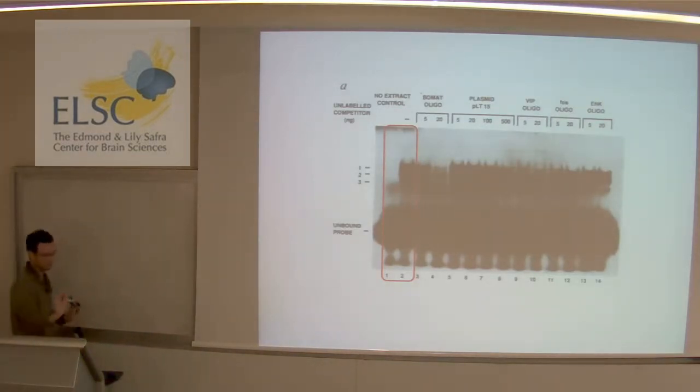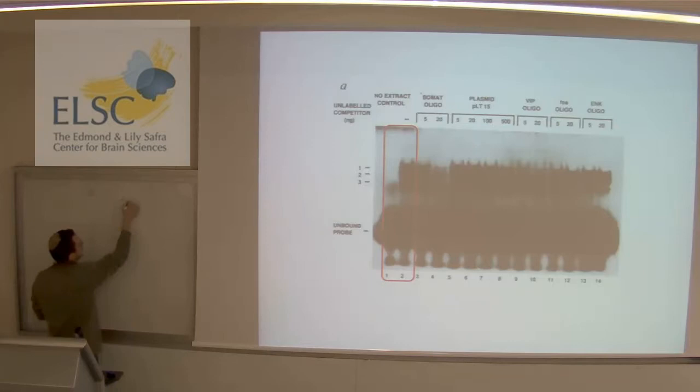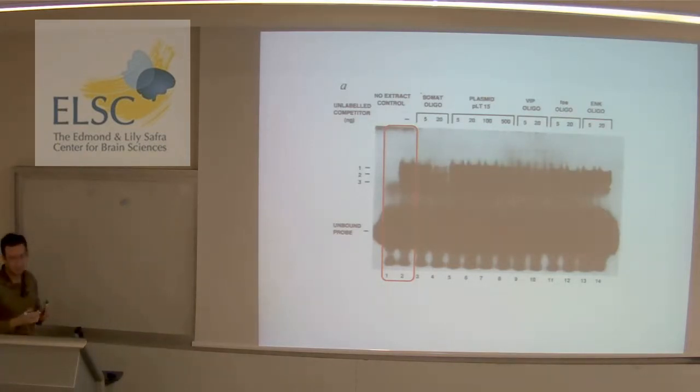So the probe all along this gel is the same probe and it's the CRE. And it's marked radioactively at the edge with some radioactive marker, and that's why we see it there.